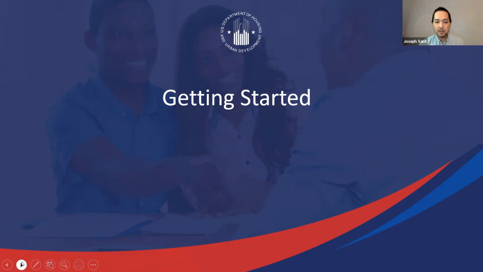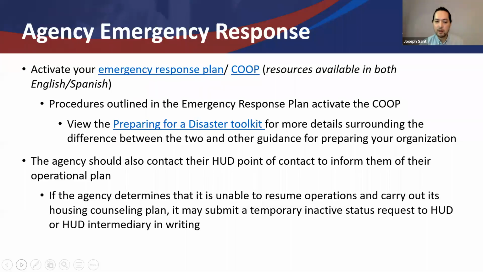The first thing I want to talk about before we go into how to help disaster affected clients and communities is helping your agency get back online in the event it has been impacted by a disaster. That's what we're showing here. The steps to reactivating your agency begin with kicking in your emergency response plan that hopefully you've developed in advance of the disaster.